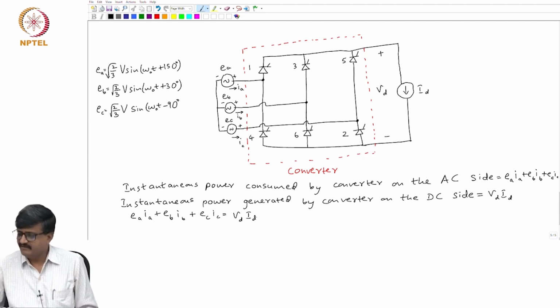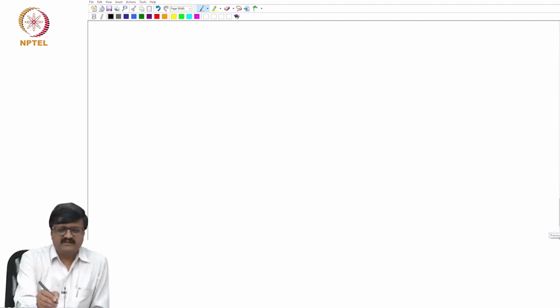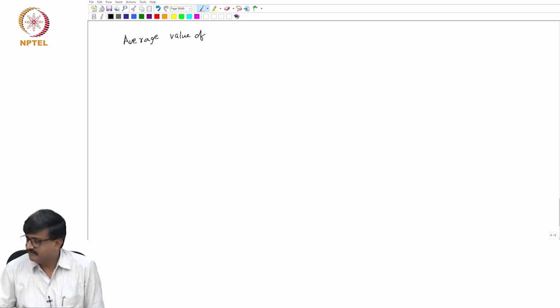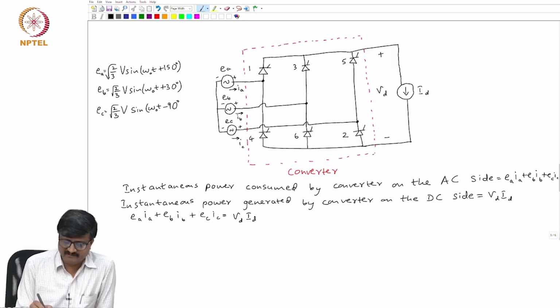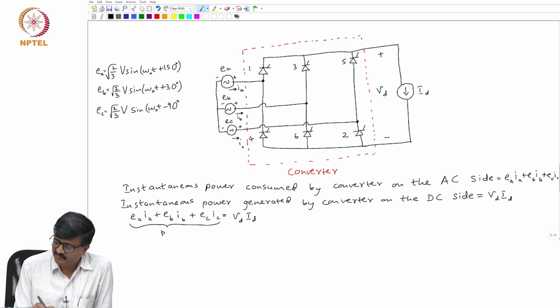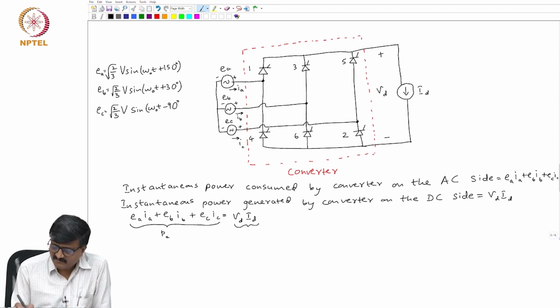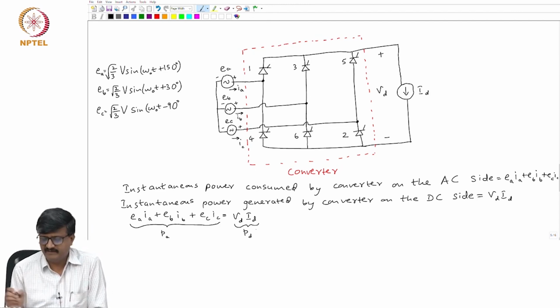Let me give a notation for this. I will call the power consumed by the converter on the AC side PA, A for AC. Suppose I call the DC side power PD, both are instantaneous. PA and PD are the same.